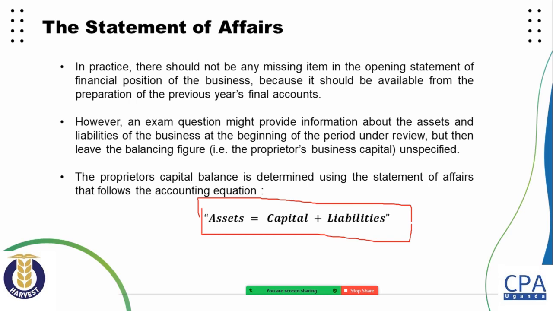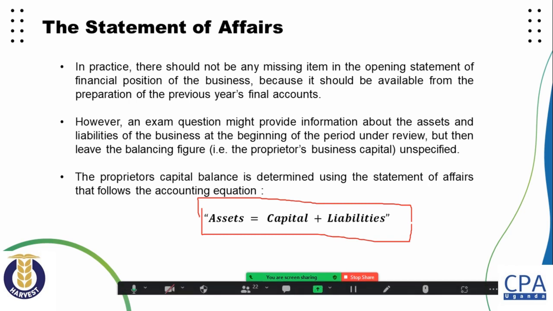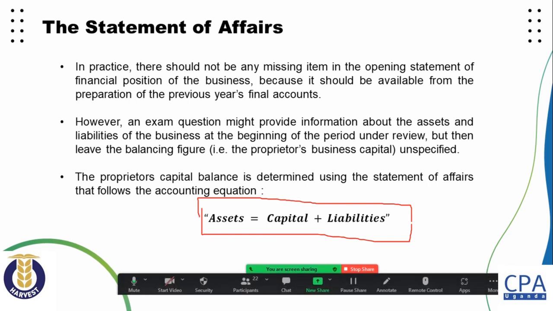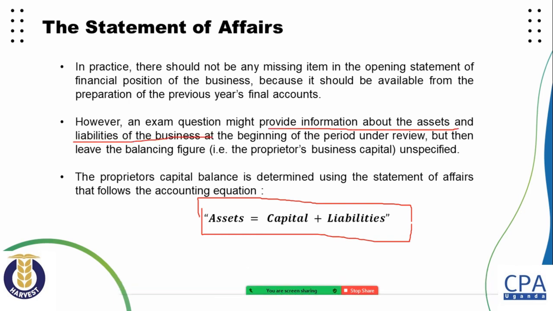This is a very, very common case in the examination. In the exam type question we are going to do to support this discussion, it is one of the things we are going to determine. In most cases, you will be given information about the assets and liabilities at the beginning of the period under review, but then we leave you to compute and tell us the opening capital balance, which is the proprietor's business capital at the beginning of the financial year.